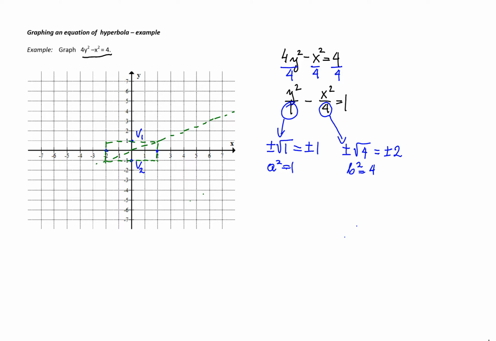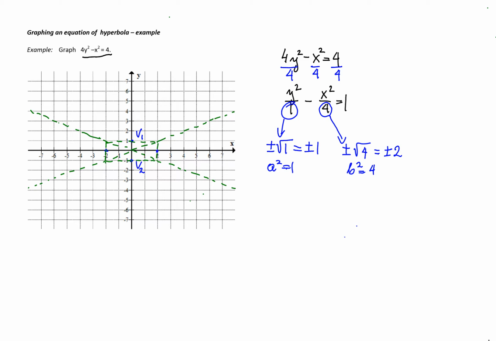So the first asymptote is going to be this line, and the second asymptote is going to contain the second diagonal. These are asymptotes.